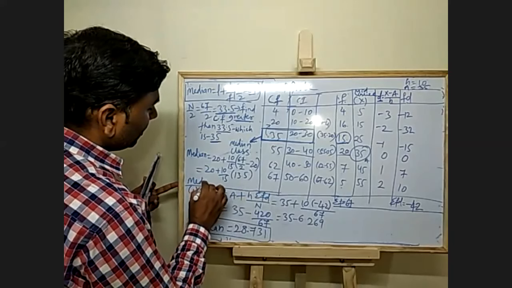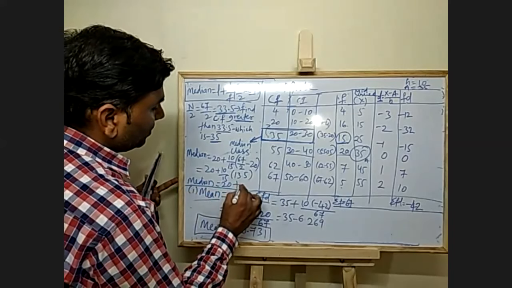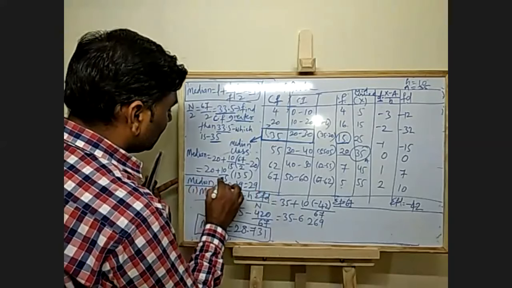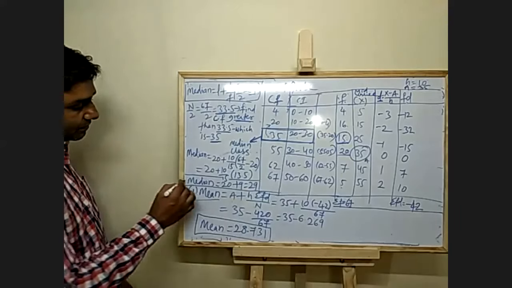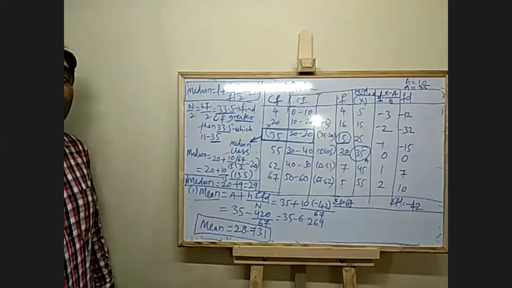So median is equal to 29. So you have both, you have mean, and you have median.